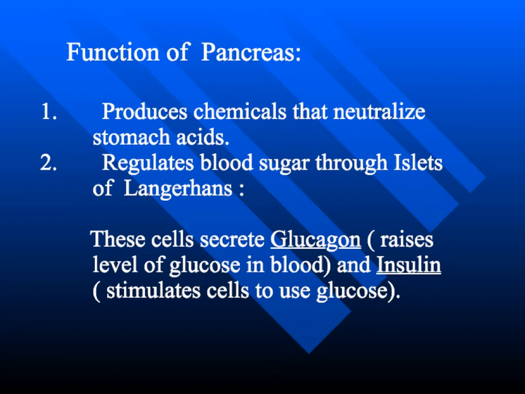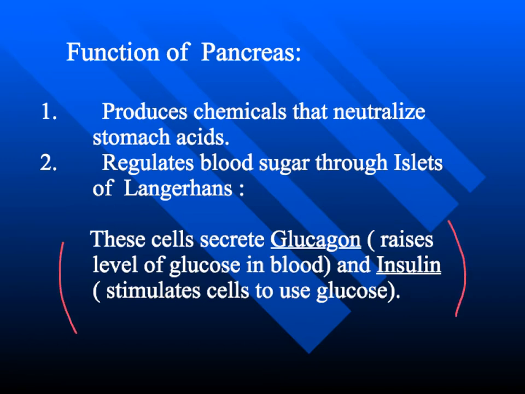Whenever the glucose levels go up, insulin gets secreted in the body so we can get rid of that glucose. Whenever glucose levels in the blood go down, glucagon gets secreted from the pancreas. So in both ways, pancreas has to work properly in order to do that for the body.